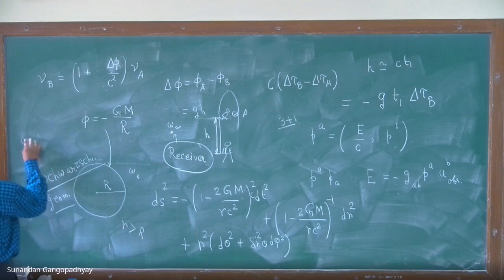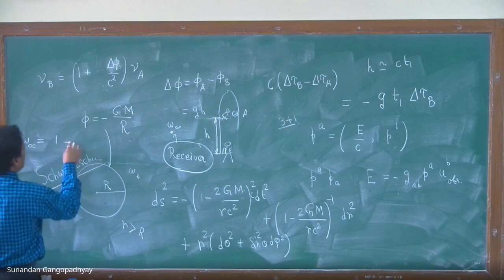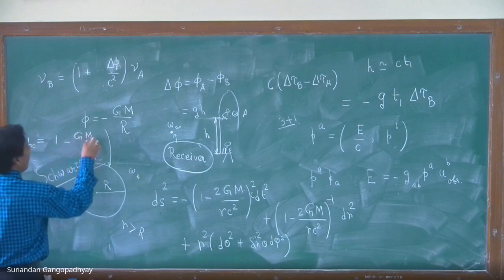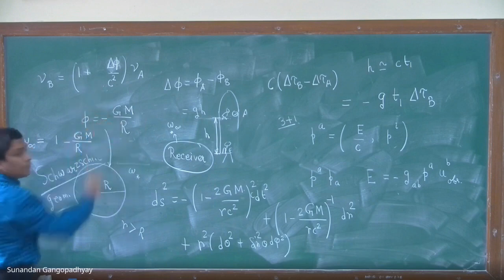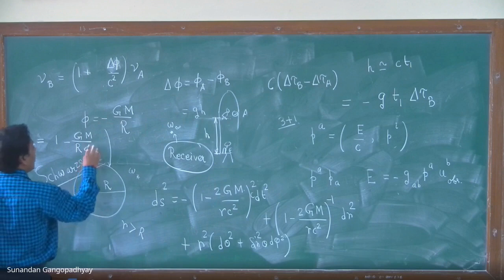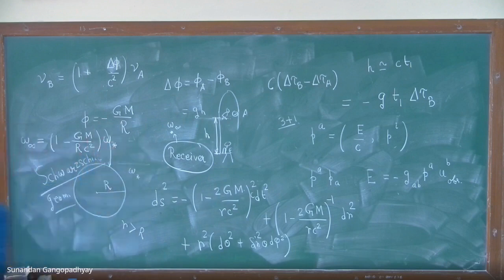So omega infinity will be 1 minus delta phi, that is GM by r, divided by c square, times omega star.